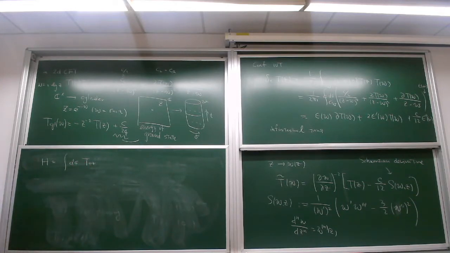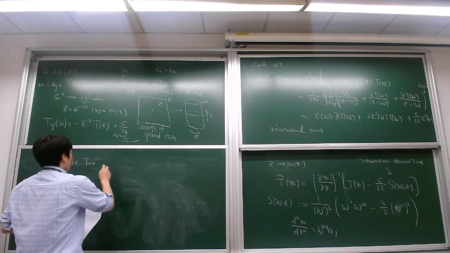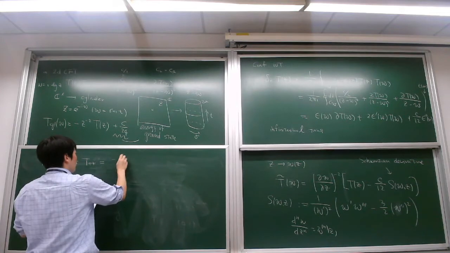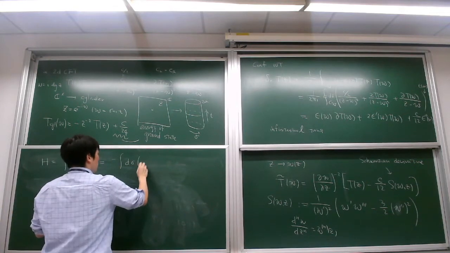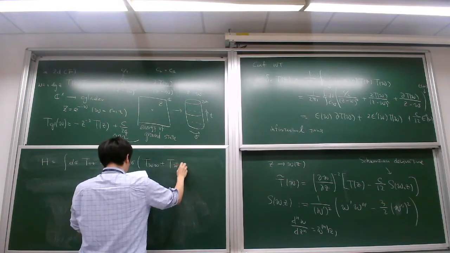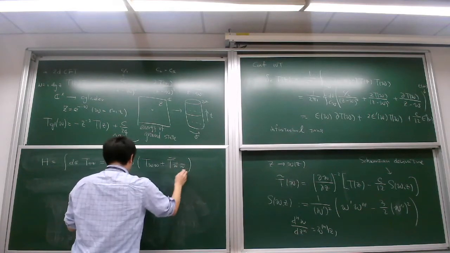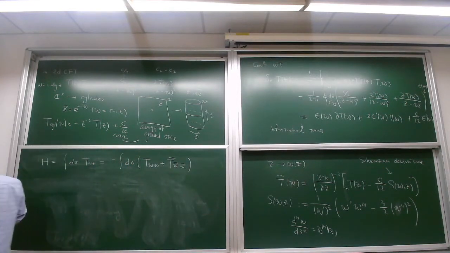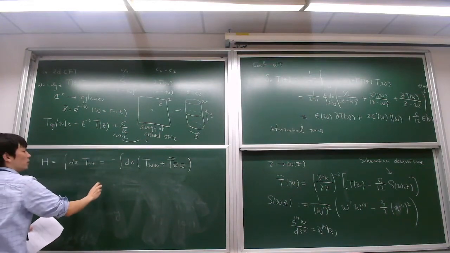It encodes the information of energy and momentum, and T_tt is the energy part, and then taking the average over the spatial direction, you get the Hamiltonian. You just do the honest calculation, then plug this one into here.